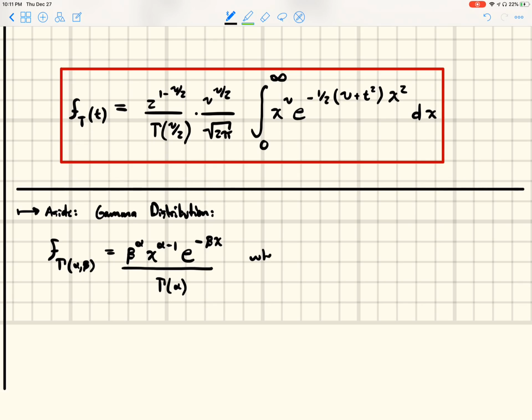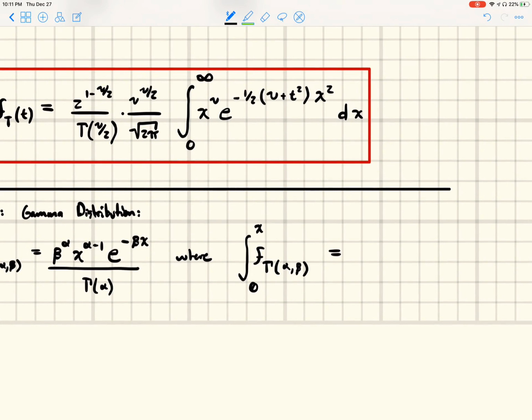And we also know other properties about this distribution, particularly the cumulative distribution function, which has this convenient expression. Now this is what's called the lower incomplete gamma function, and that's the numerator, and the denominator is simply the gamma function with respect to eta.